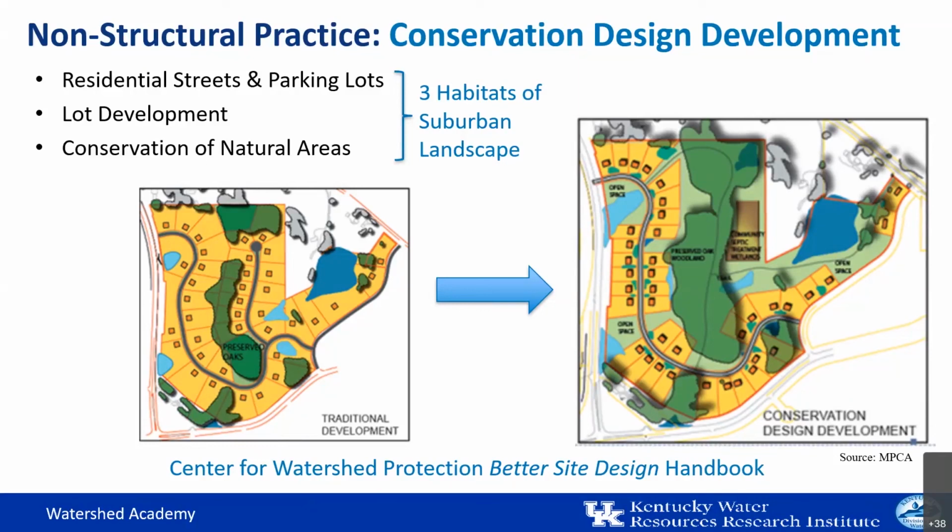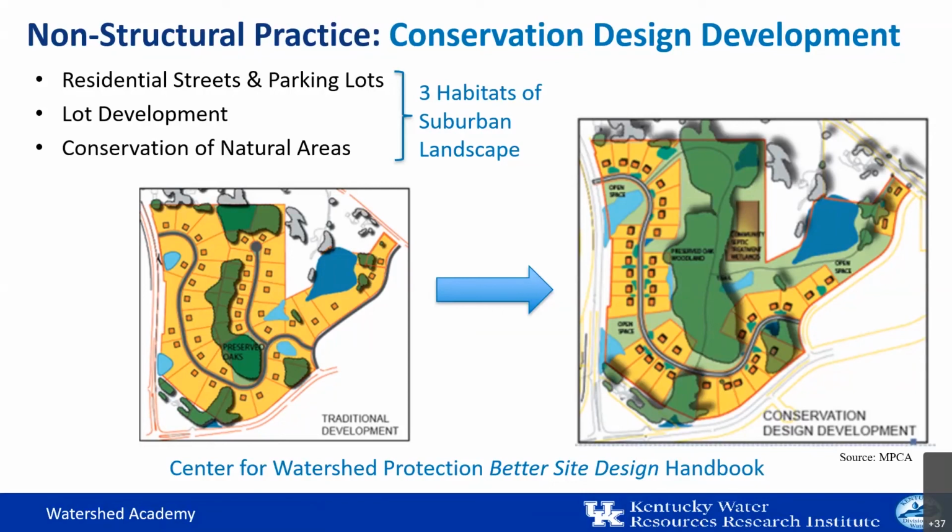The example on the slide shows a development in Maryland. It's a conservation subdivision with condensed housing and large open spaces and fewer roadways. And then also the natural area obviously is a habitat for wildlife. So that relates to that preservation of the open spaces.